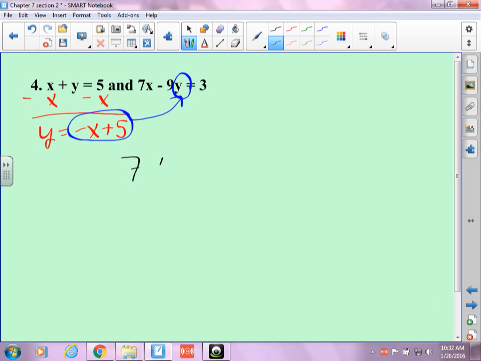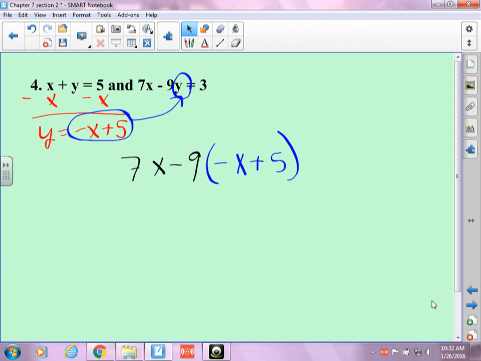So 7x minus 9, parentheses, -x plus 5, parentheses, equals 3. So I'm just taking out the y, making it a little bit bigger and plugging that in.